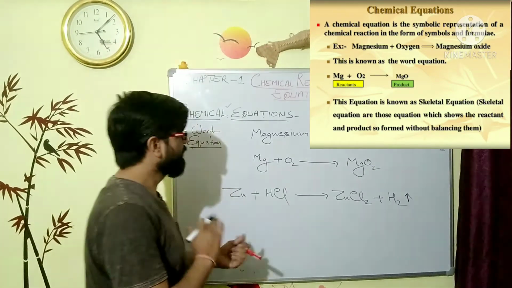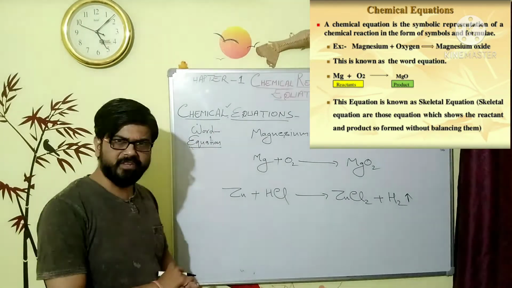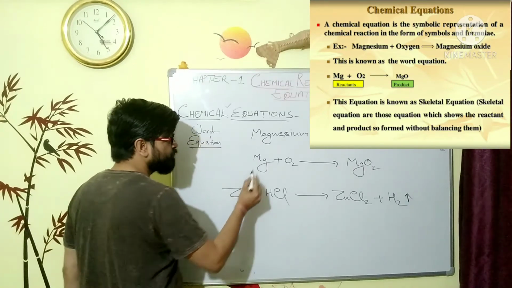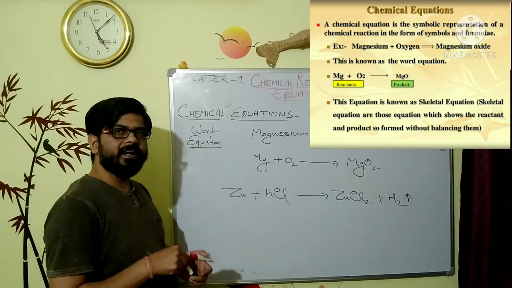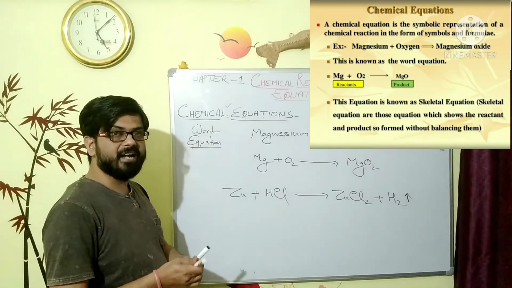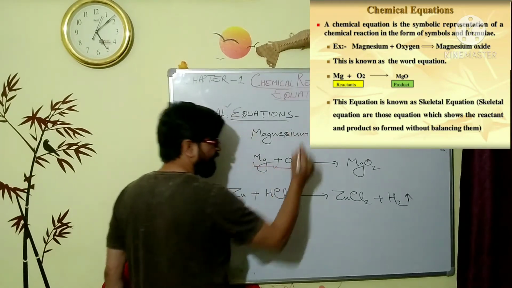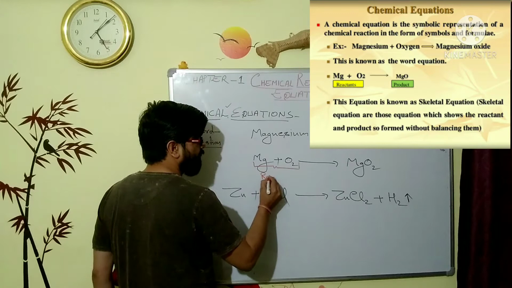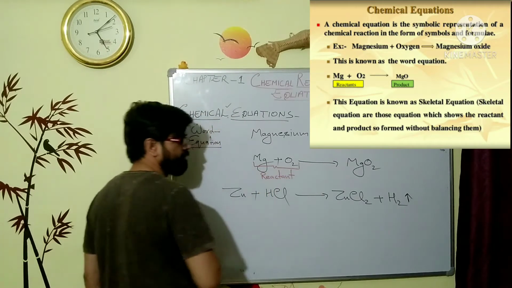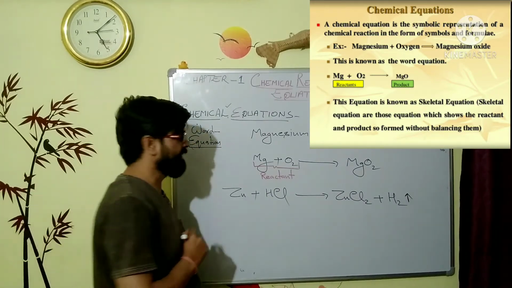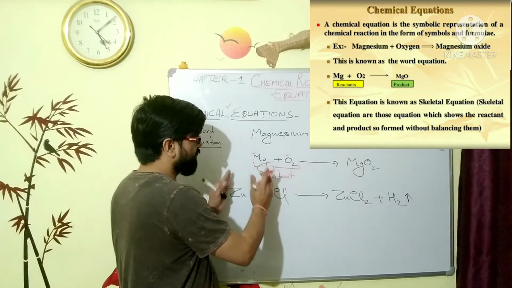So my dear student, let's see what is the structure of a chemical equation. The substances participating in the chemical change are called reactants. For example, in this chemical equation, magnesium and oxygen are participants of the chemical change, and that's why these two are the reactants.